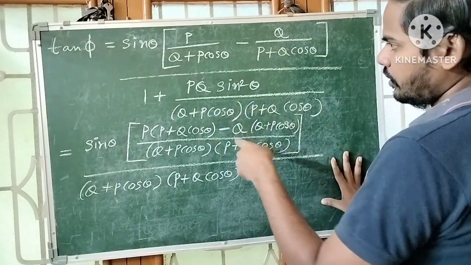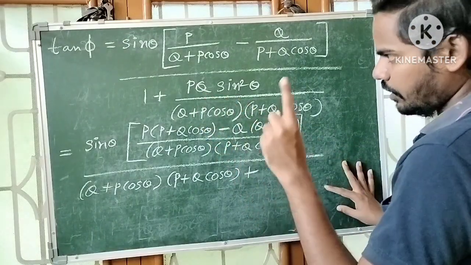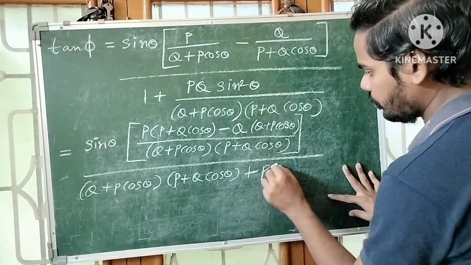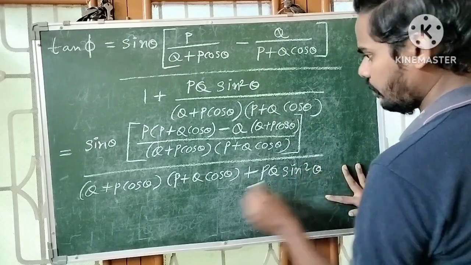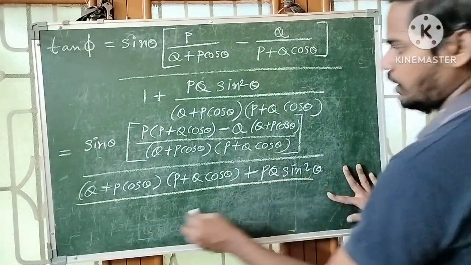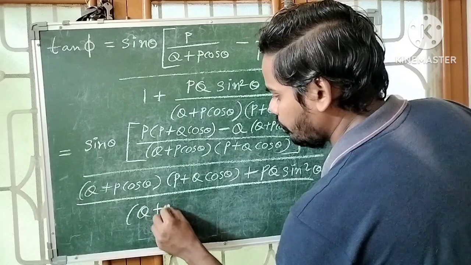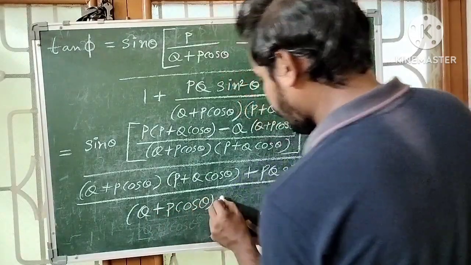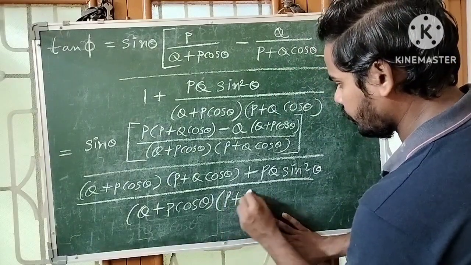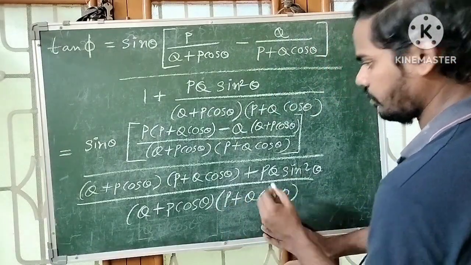so obviously we have to multiply pq sin square theta by 1. So anyway you will get the same expression, pq sin square theta, whole divided by the LCM q plus p cos theta into p plus q cos theta.